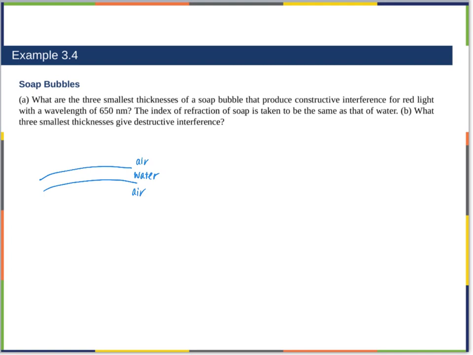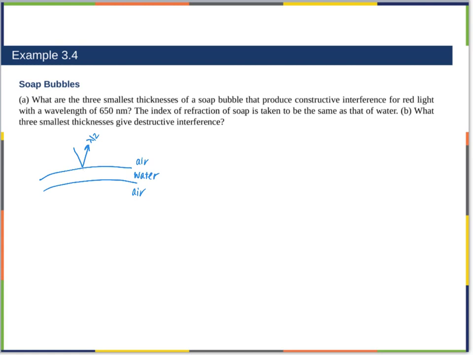If we think about light coming in and bouncing off of the top of the soap bubble, because the index of refraction of the water is higher than the air, this light wave will be shifted by half a wavelength.